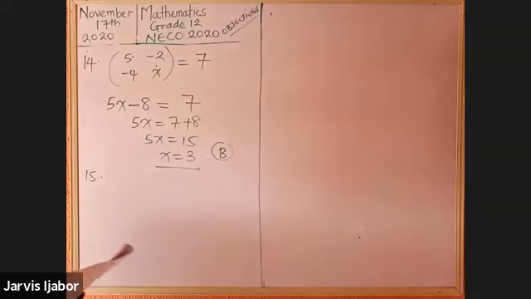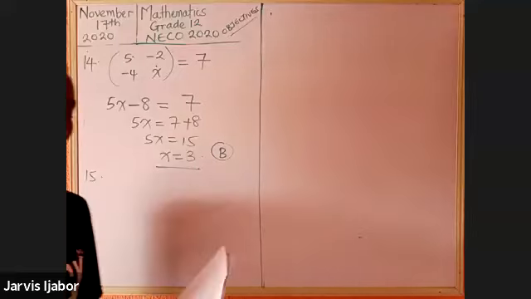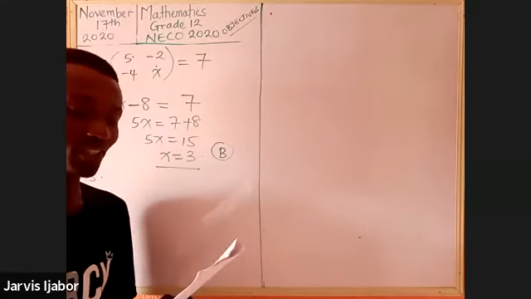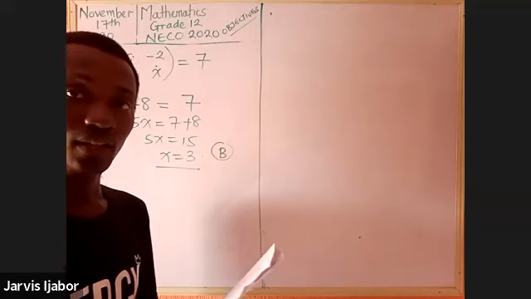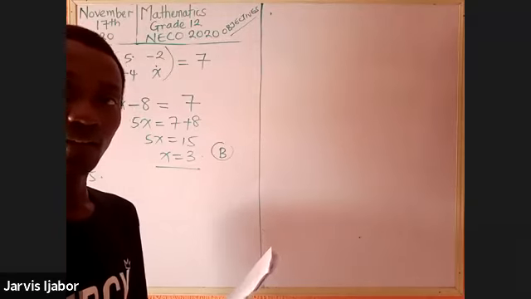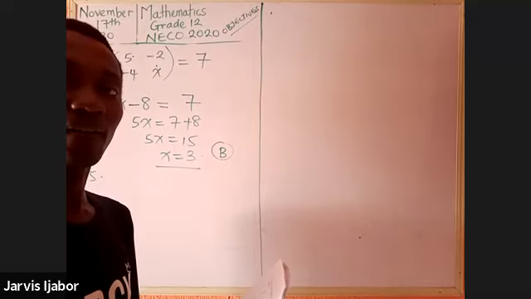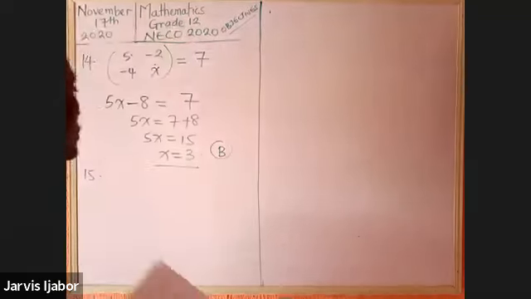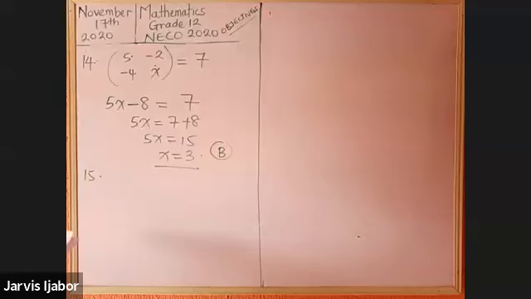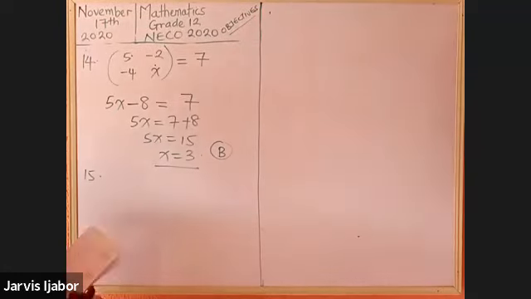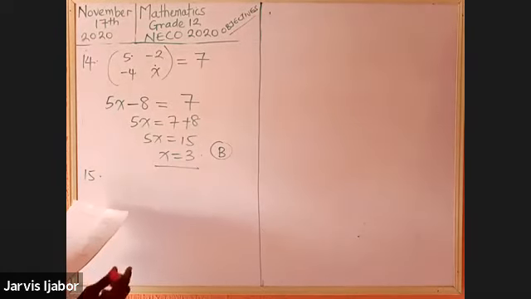So what about question 15? What do you have in 15? 15 is testing your knowledge of what? AP. Now, in this question, you are told that the sum of an arithmetic progression, okay, so question 15, testing your knowledge of AP.